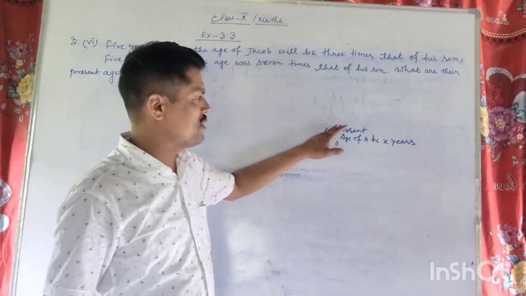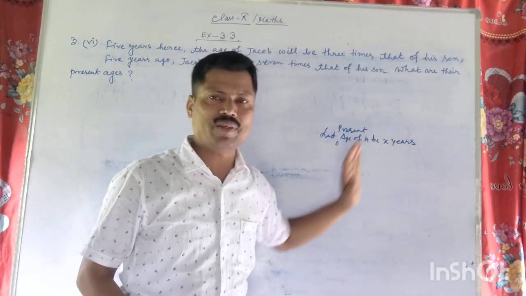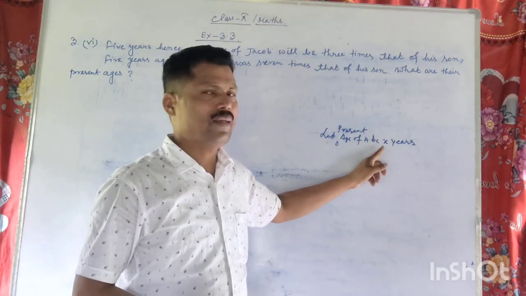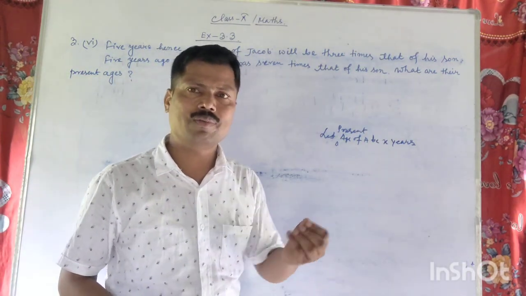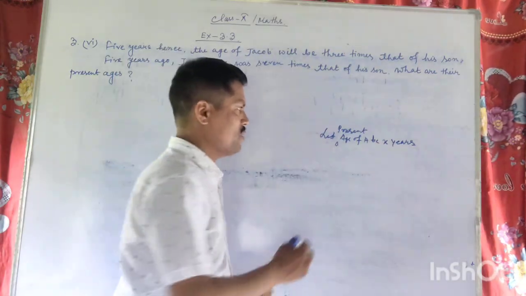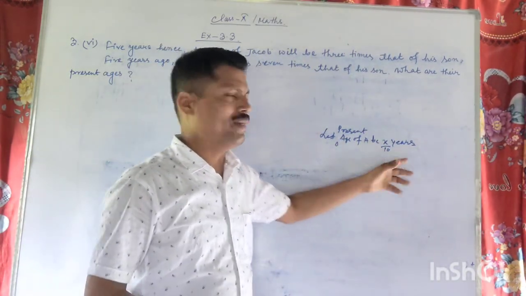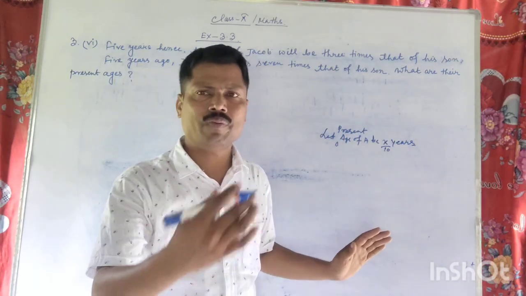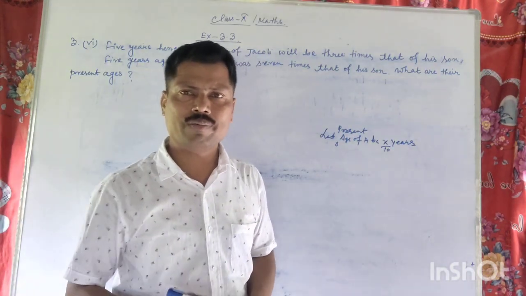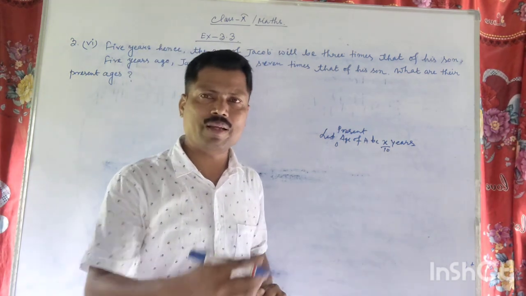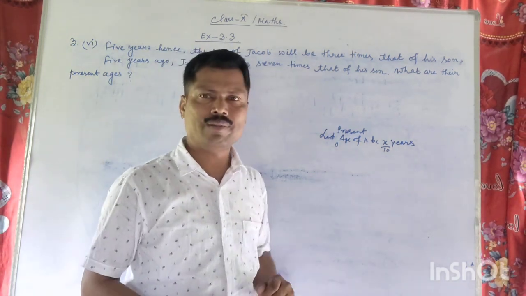Let the present age of A be x years. So after 5 years, it will be what? In place of x, let it be 10 years. Let the age of A be 10 years now. Then after 5 years, it will be 10 plus 5, 15. And after 20 years, the age will be 10 plus 20, then 30 years.